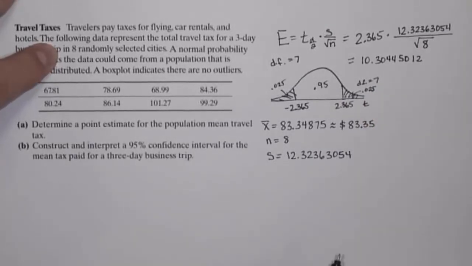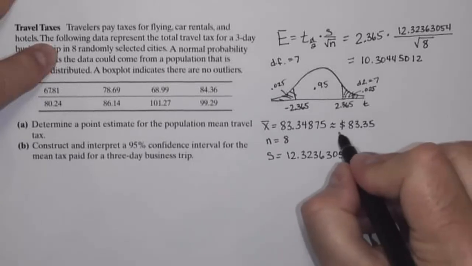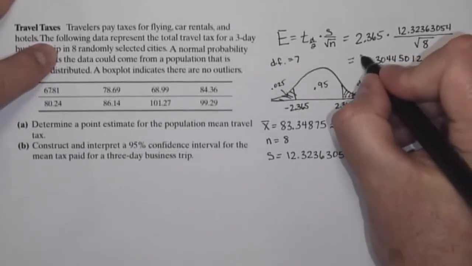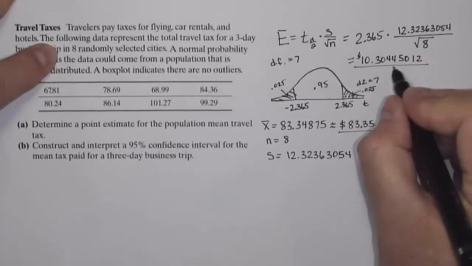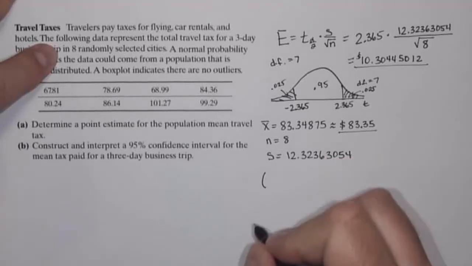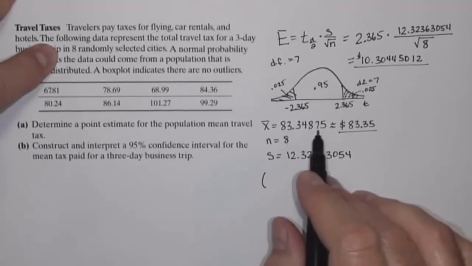I know my point estimate is about $83.35. I know my margin of error is about $10.30 if I round to 2 places. So I'm going to carry it out maybe like 3 places and then round ultimately to 2 places.